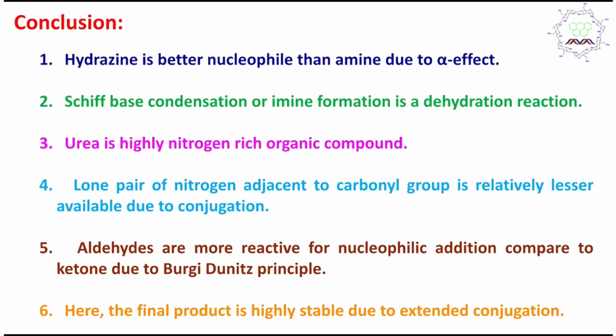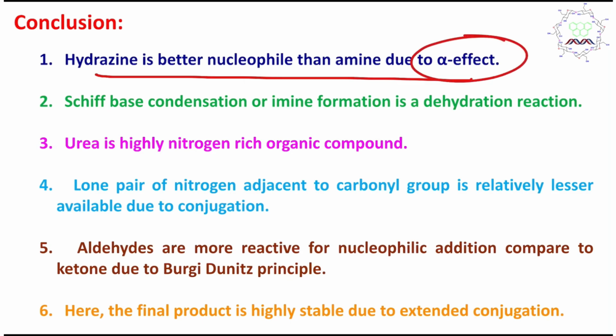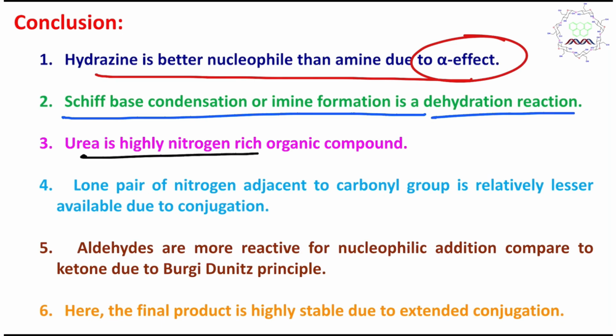So in conclusion, what you have learned today is that hydrazine is actually a better nucleophile than amine due to the alpha effect, and Schiff base condensation or imine formation is actually a dehydration reaction, and it's very easy for aldehydes. Urea is a highly nitrogen-rich organic compound, and it is the most widely used synthetic nitrogen fertilizer.